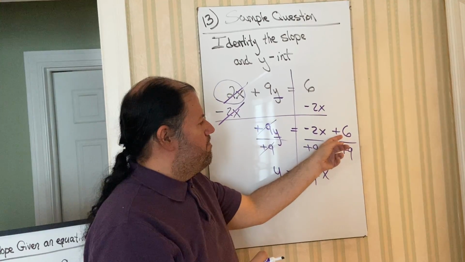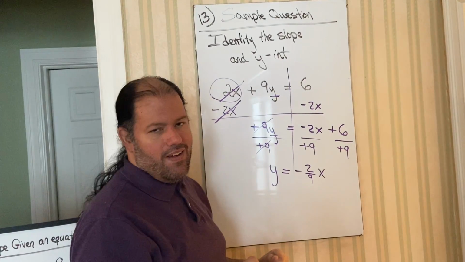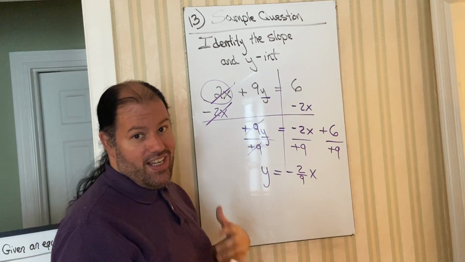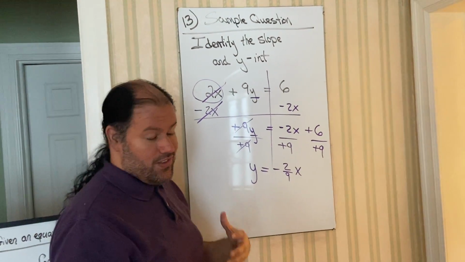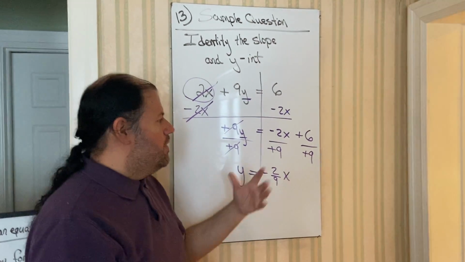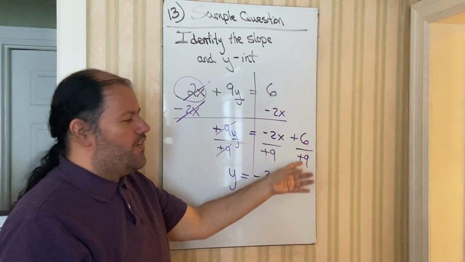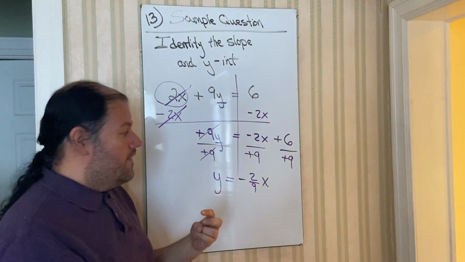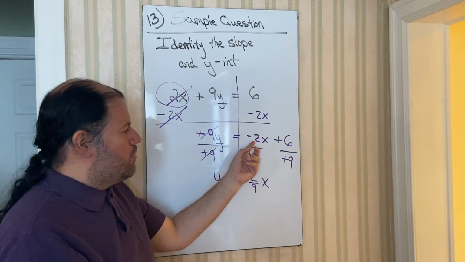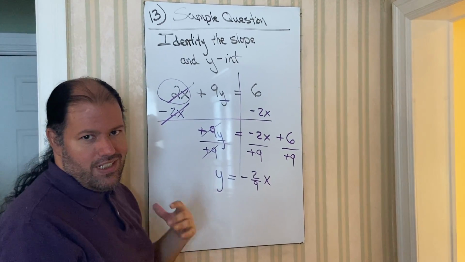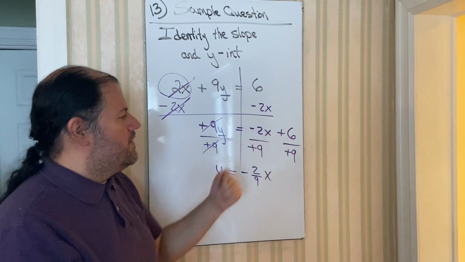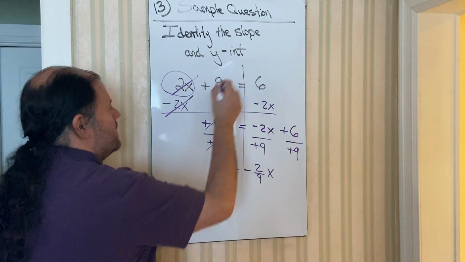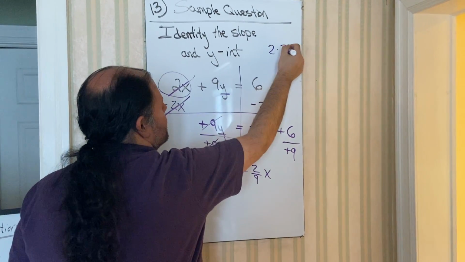Over here, 6 over 9. No, that doesn't divide in evenly. There is a remainder, so we can't put it as a decimal, but we're going to keep it as a fraction. The question is, can you reduce 6/9? Just like we did here, we said 2 couldn't break down, but 9 could break down as 3 and 3, but nothing canceled out. Let's do the same thing here. 6, you know, is 2 times 3.